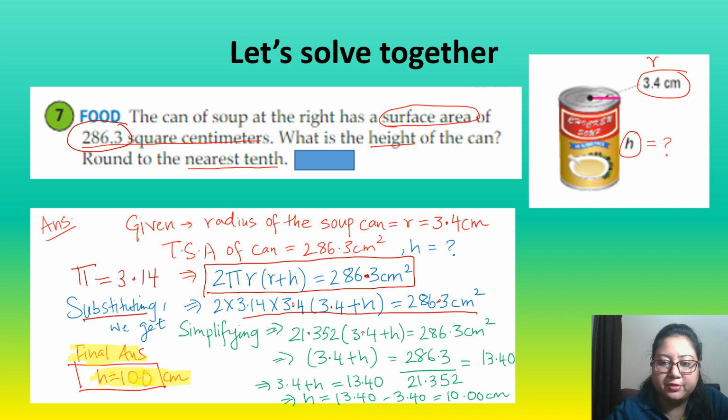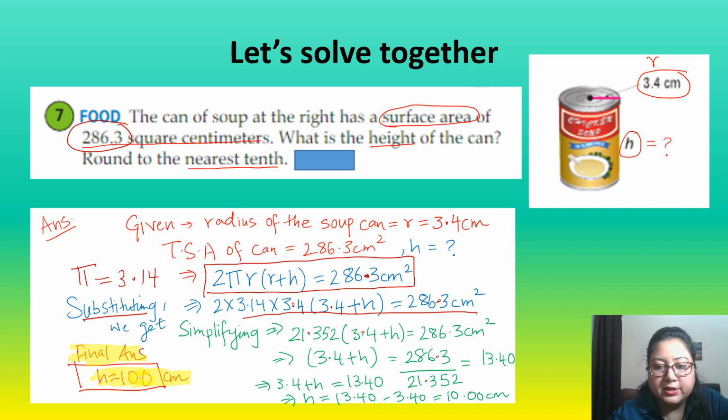Okay, now what do we need from this expression? We need the value of h. In order to get that value of h, we have to again rearrange this equation, and that will give us 3.4 plus h equal to 286.3 divided by 21.352.